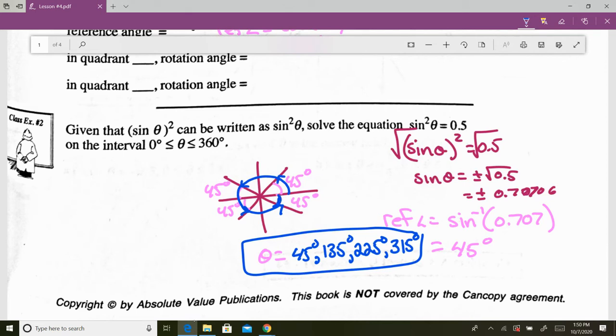So negative 45. In some cases it'll spit out like 120, which is actually one of the answers, but it doesn't give you the reference angle, so you'd still have to find it. Reference angles can't be negative.